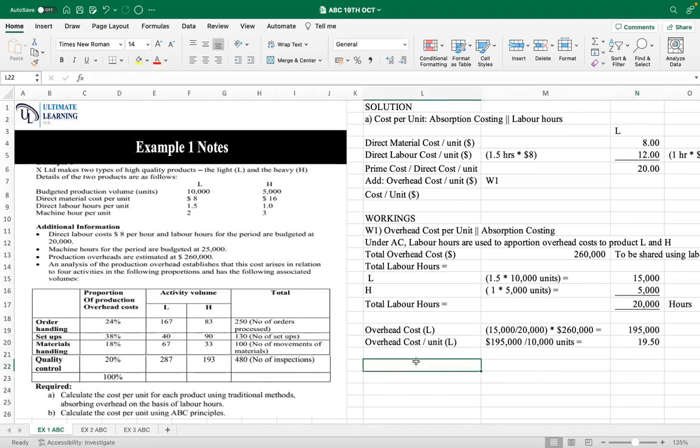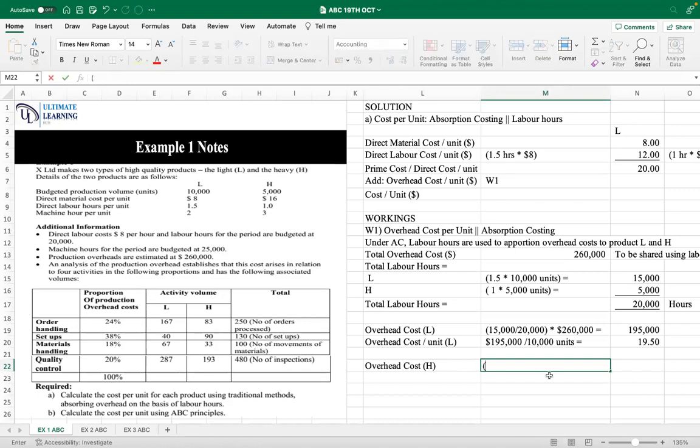Let's repeat the same for H. What is the overhead cost of H? Overhead cost of H is 5,000 over 20,000 times, again, the same cost, 260,000.